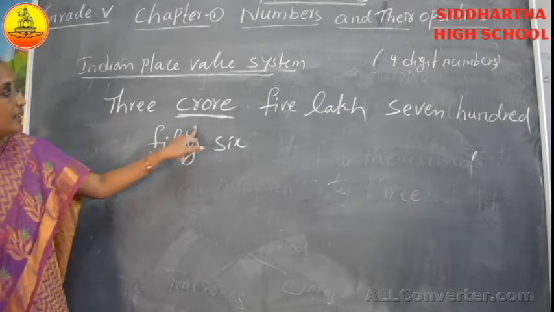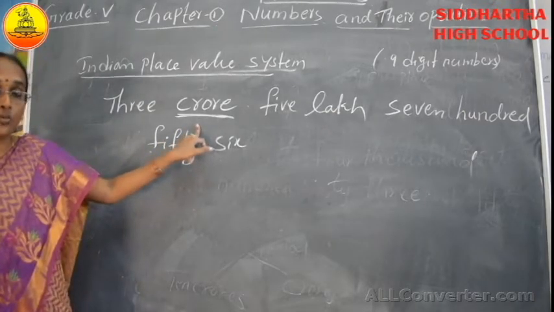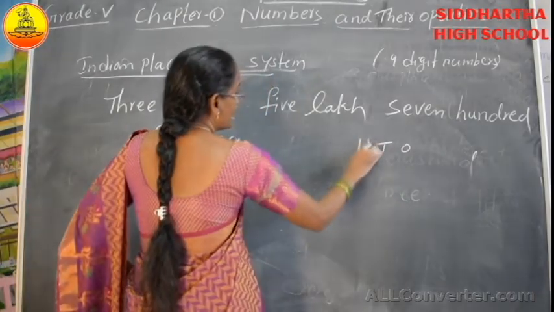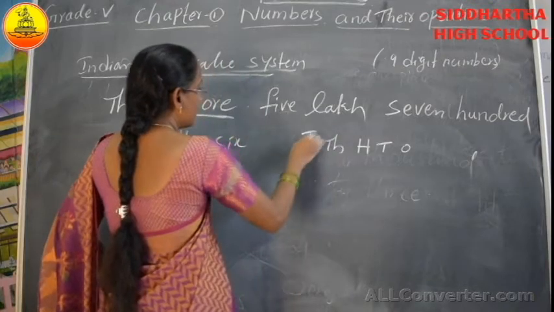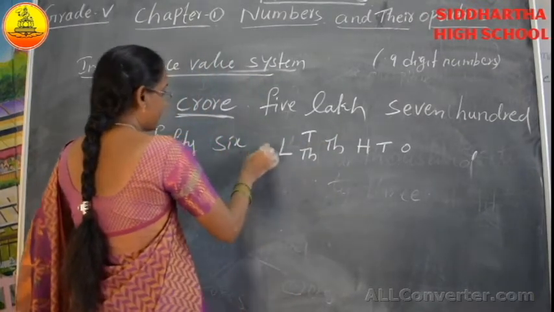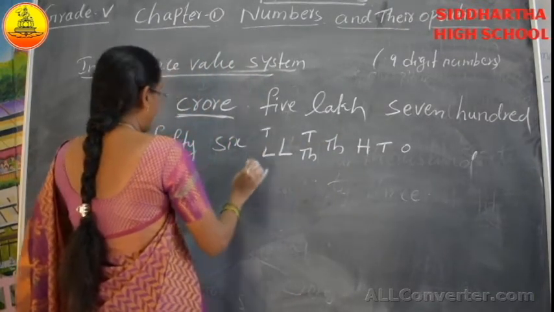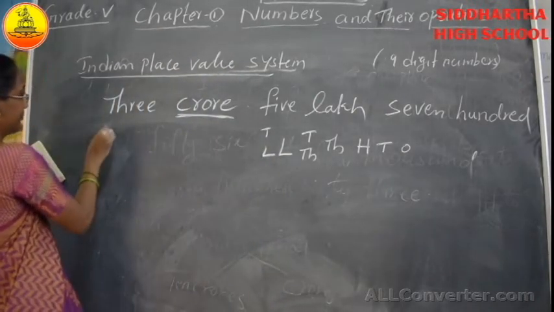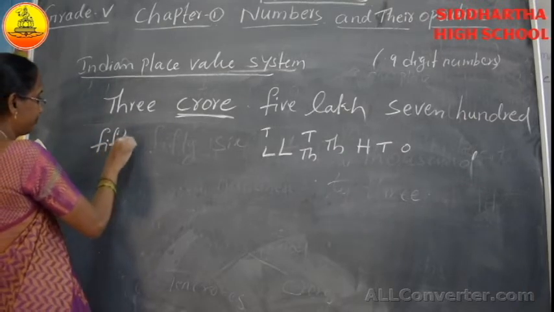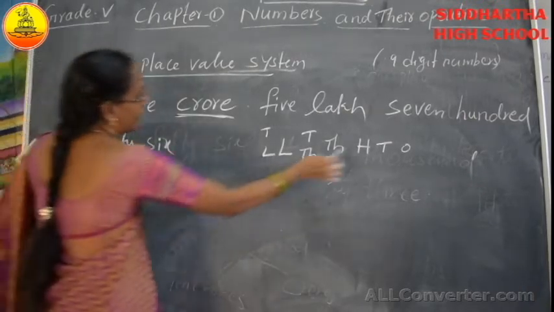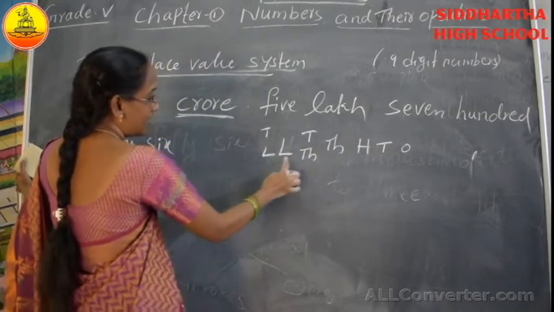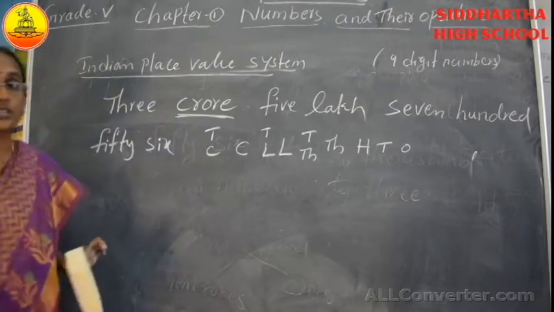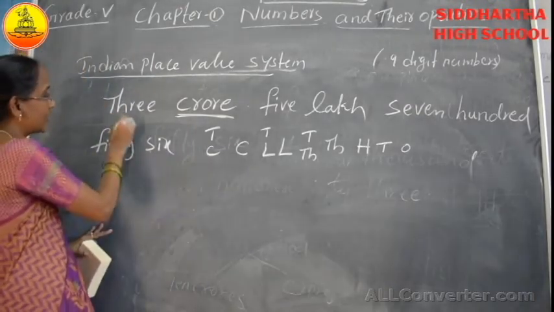So you can write the place values from ones place up to crores place: ones, tens, hundreds, thousands, 10,000s, lakhs, 10 lakhs, crores, 10 crores.